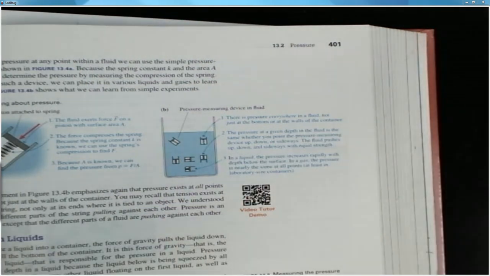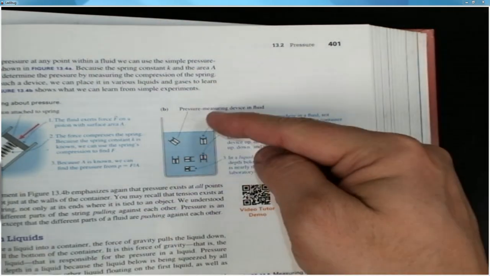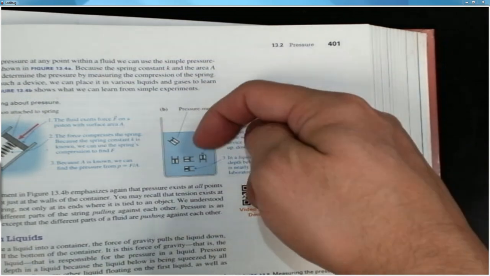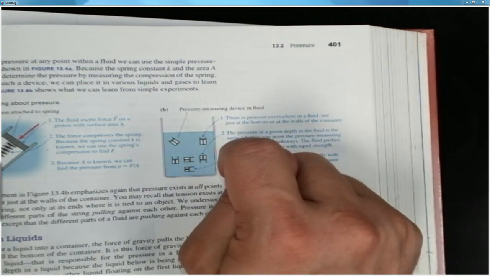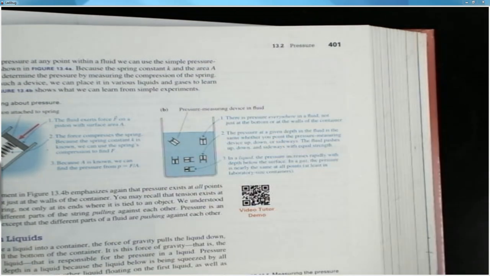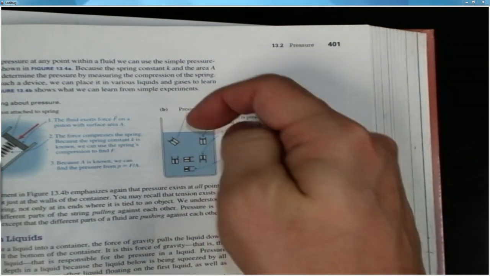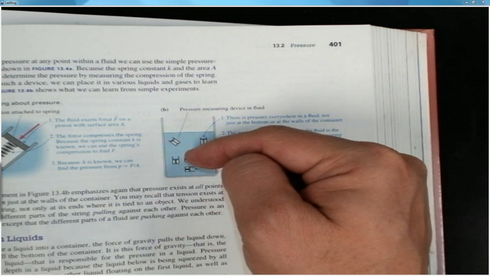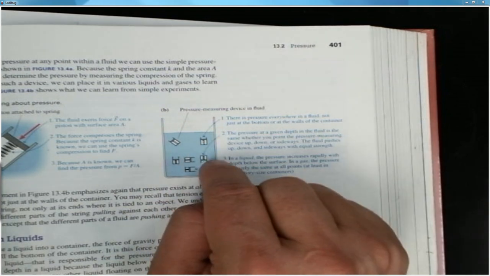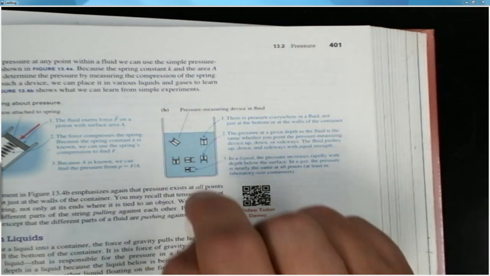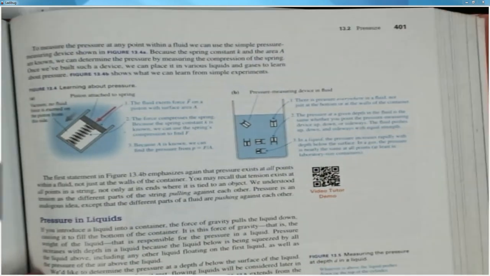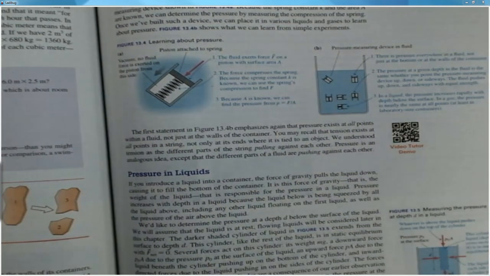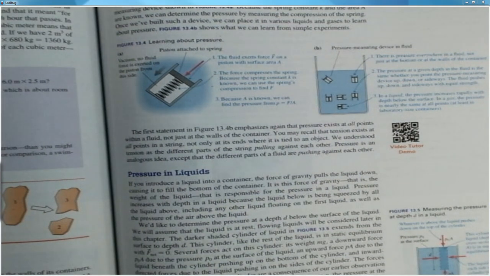So the weight of all the liquid above your measuring device is pressing down on it. As you go deeper and deeper in the liquid, all the liquid above you is pushing down on every part of you, so the pressure increases dramatically. And that is not the case with the gas. The pressure in the gas is going to be the same pretty much everywhere.